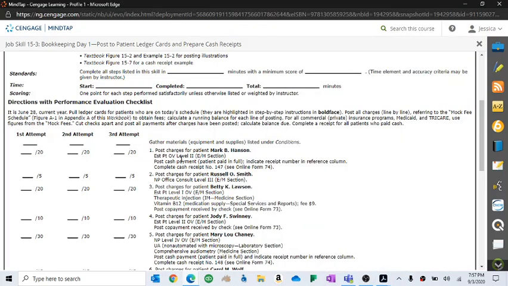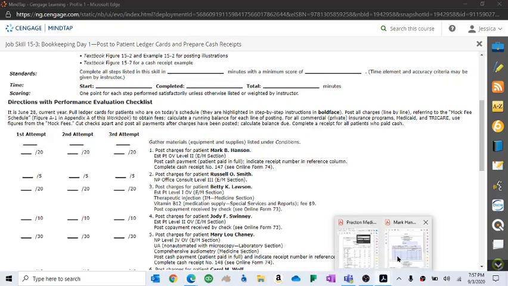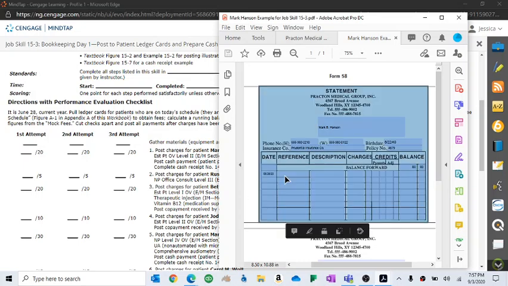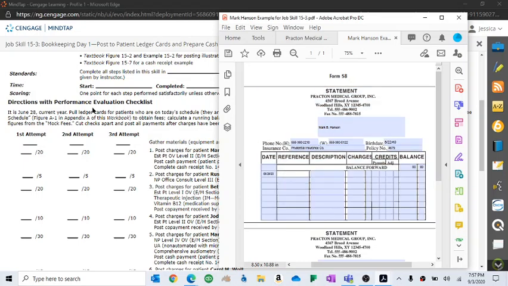It says post a cash payment, patient paid in full, indicate receipt number in reference column. So let's pull up his ledger card. We would do the date, which is June 28th that we found in the directions. For the reference, as we know from the previous ledgers we did in, I think, 15-1, our reference would be what we charged him for, that 99 code.